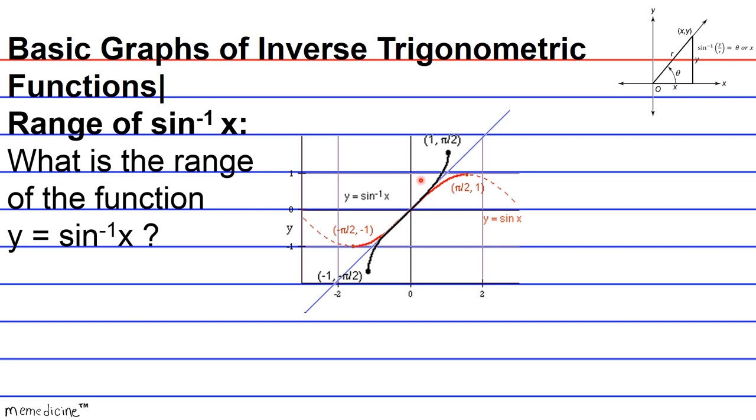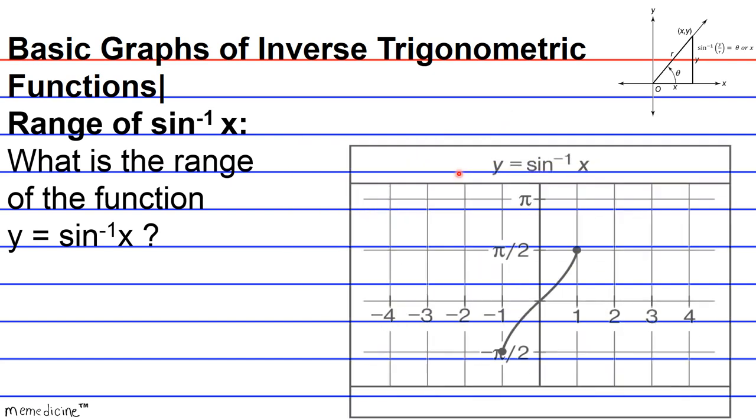Again, you're going to notice that this black line represents the inverse sine of x, and its domain is -1 to 1. And the range, the answer that we're looking for, is going to be -π/2 to π/2. Let's neaten things up a little bit.